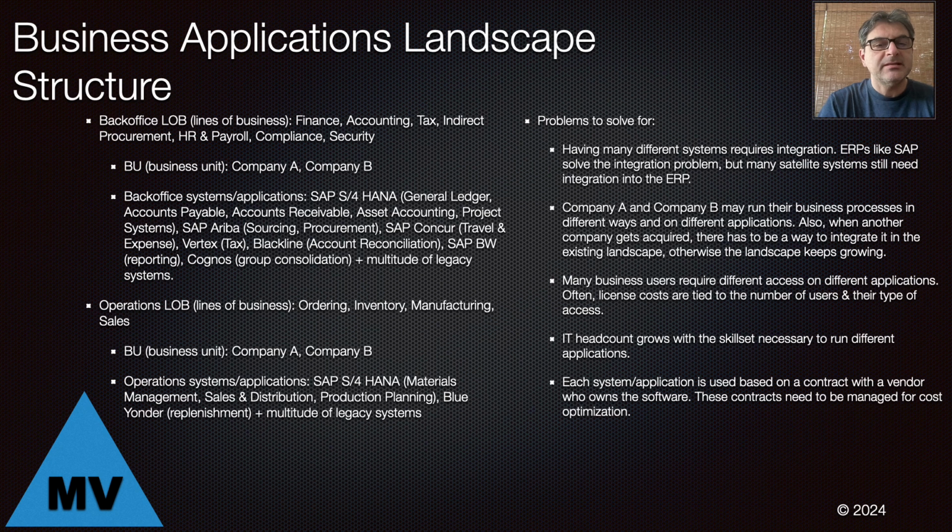But a good example of a back office environment would be SAP S/4HANA with general ledger, accounts payable, accounts receivable, asset accounting, project systems, SAP Ariba for sourcing and procurement, SAP Concur for travel and expenses, Vertex for tax, Blackline for account reconciliation, SAP BW for reporting, Cognos for group consolidation, and a multitude of other legacy systems that will have to integrate into your main back office systems like SAP.